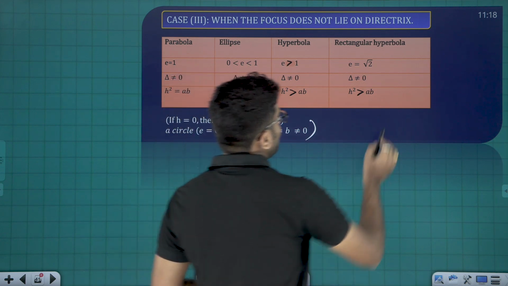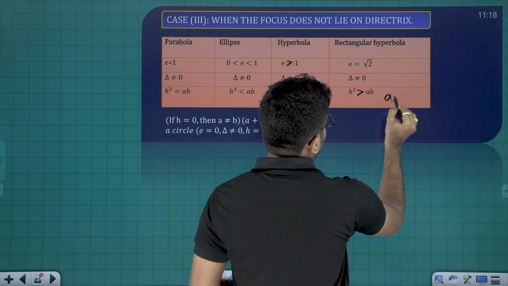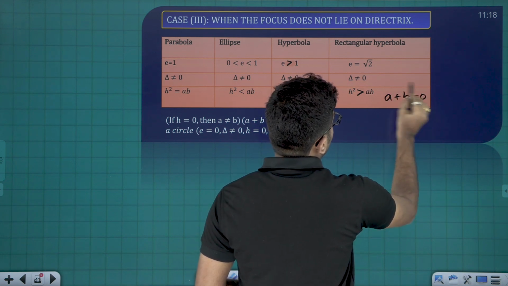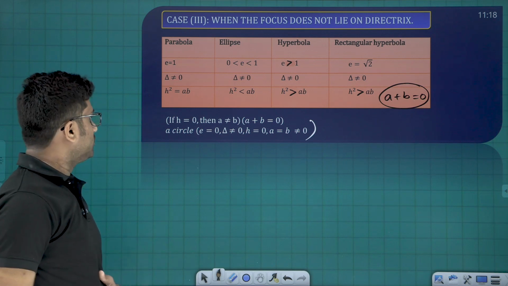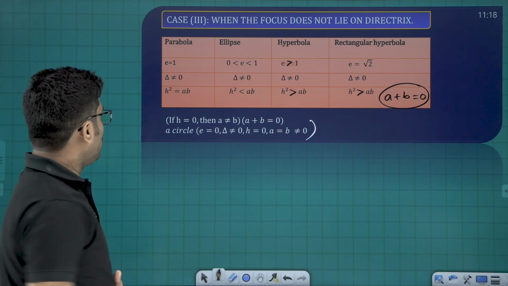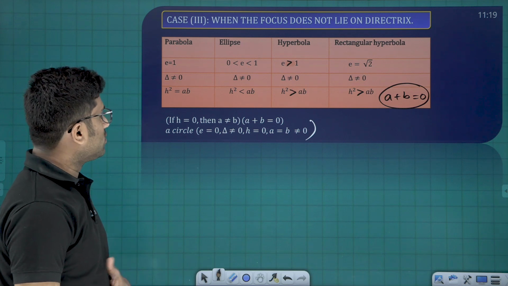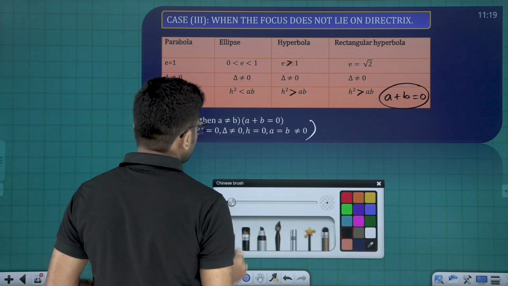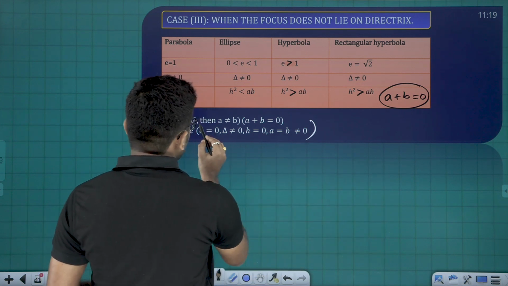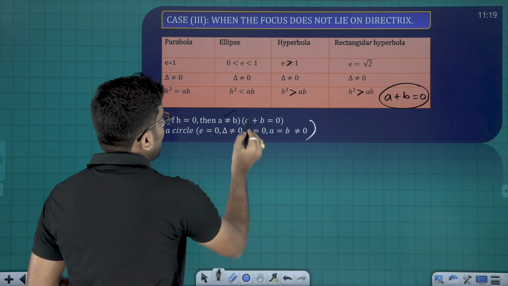And for a rectangular hyperbola there is one more condition: the coefficient of x square plus the coefficient of y square will always be equal to 0. Clear? Next, if h is equal to 0, then a should not be equal to b, then only it will be a hyperbola.